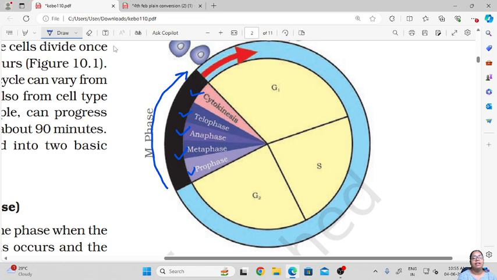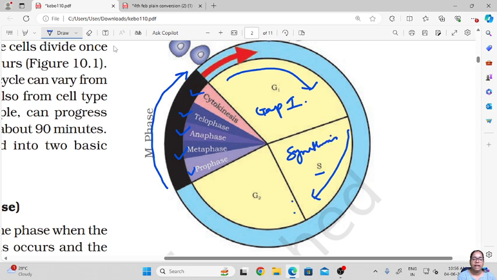After that, the cell will undergo the G1 phase, that is gap 1 phase. Then it will undergo the S phase, that is the synthesis phase. Then it will undergo the gap 2 phase, that is G2 phase. And this is how the cell division happens in the cell cycle.